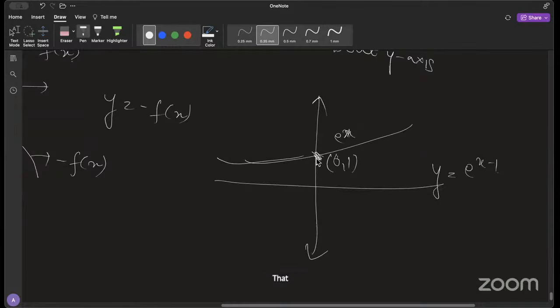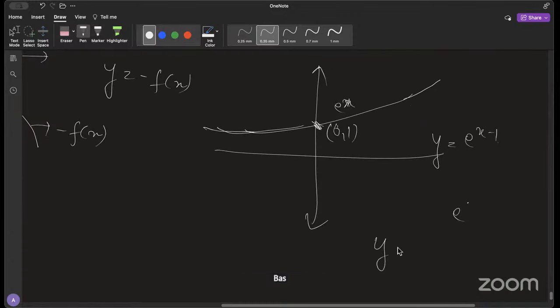That means this gets shifted 1 unit up here. So this e to the power x minus 1 graph will be here. This same graph e to the power x gets shifted 1 unit up here. Or not here, actually on this side.